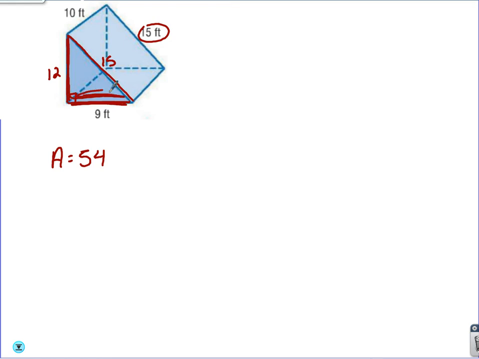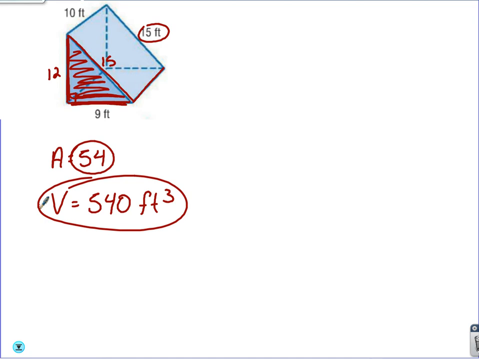This shape here that I've got colored, that's the base of it. Set it up on its base and it's going to be 10 feet tall. Makes sense. So therefore, to find the volume, you take the area of the base, multiply times the height. It would take 540 cubic feet to fill that shape.